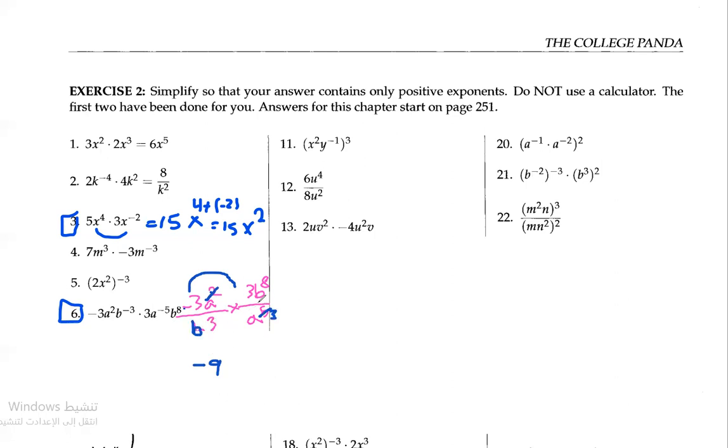Here b to the power 8 and b to the power 3, you subtract 8 minus 3 equals 5. So the answer will be minus 3 times 3 is 9, and in the numerator, 5 divided by b to the power 5.